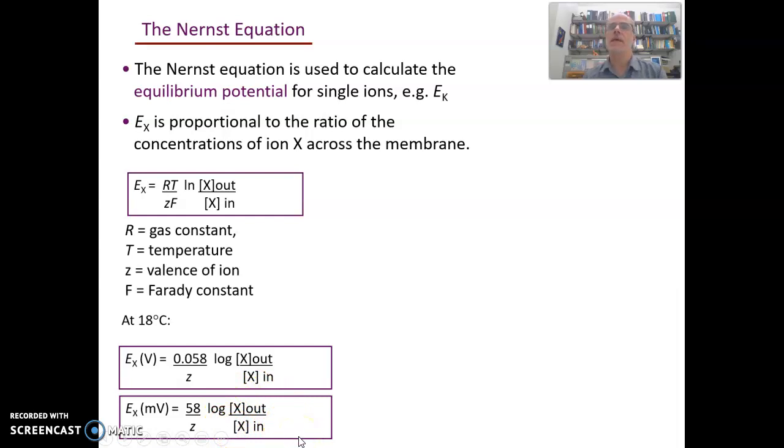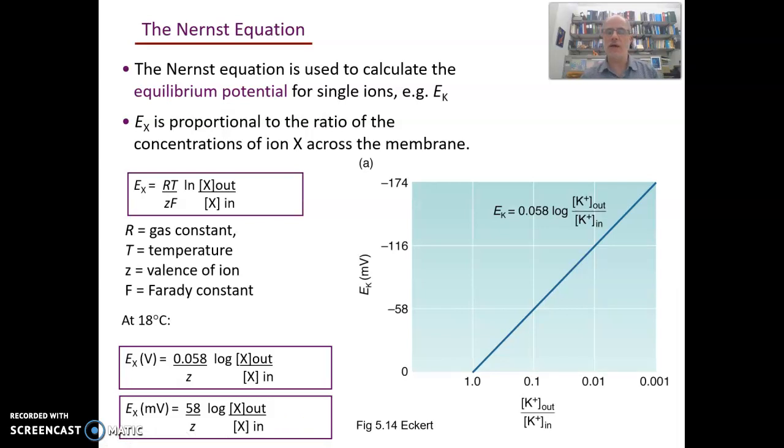Okay. So in this graph, we look at the relationship between the ratio of potassium ions outside divided by inside. So that's the relationship between the concentration outside and inside the cell for potassium, versus the equilibrium potential for potassium calculated in millivolt.